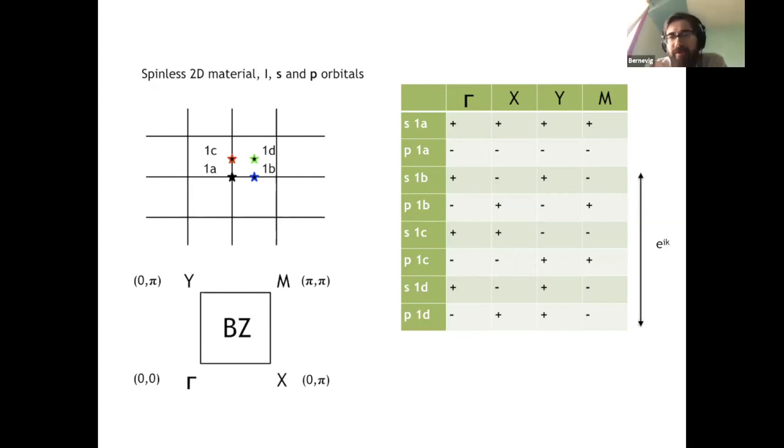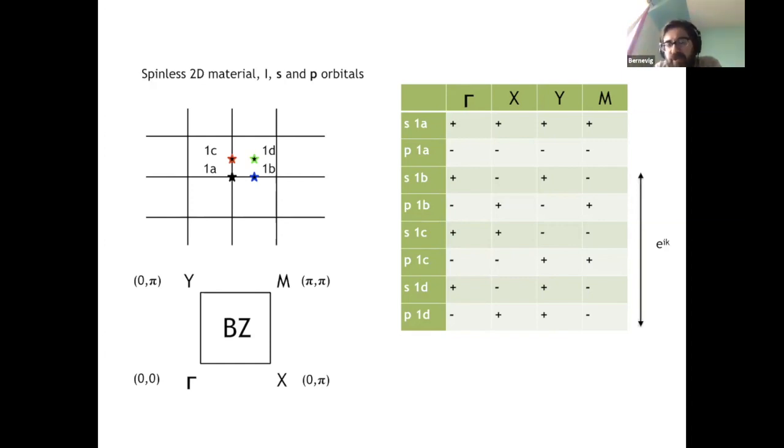Now, if I go to 1B, however, the S orbital at the 1B Wyckoff position has a translation in its symmetry group, because inversion sends it to minus 1B, and I need to translate it back. That translation gets represented in momentum space by e to the ikx, and e to the ikx is -1 at the X and M points. So the S orbital has plus and minus eigenvalues at the gamma, X, Y, and M points, as you can see.